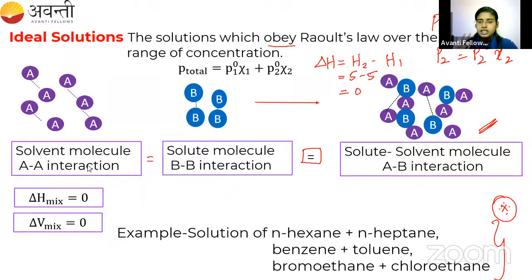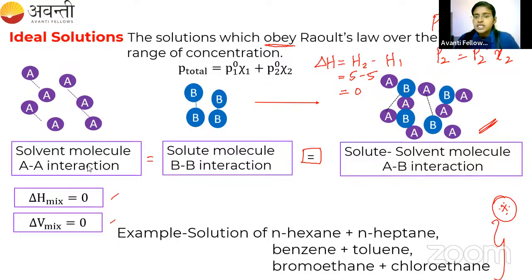Got it? Only 3 examples are given in the book and they are going to ask questions from NCERT only. So you need to memorize these 3 examples. The 3 points you have to keep in mind: first, the solution which obeys Raoult's law is called an ideal solution; all the forces of interaction are equal for an ideal solution; and delta H mix and delta V mix are equal to 0; along with the 3 examples.